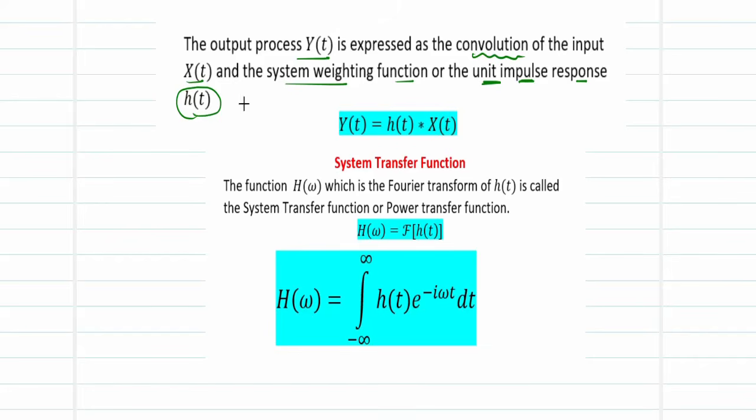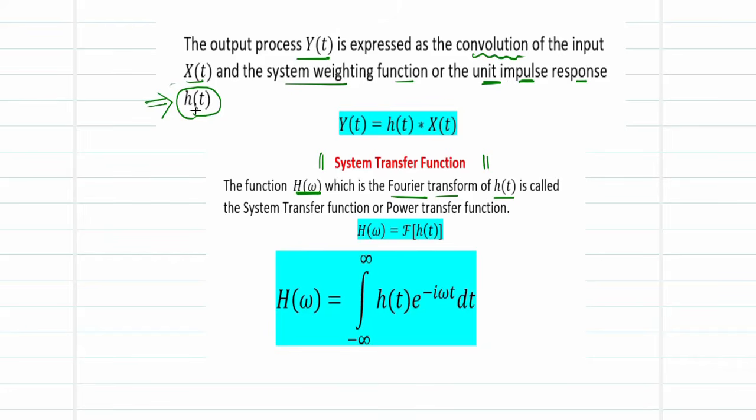Now how is this h of t important to us? This is important in defining an important quantity called the system transfer function. What is the system transfer function? You define this system transfer function to be h of omega, which is the Fourier transform of my unit impulse response.